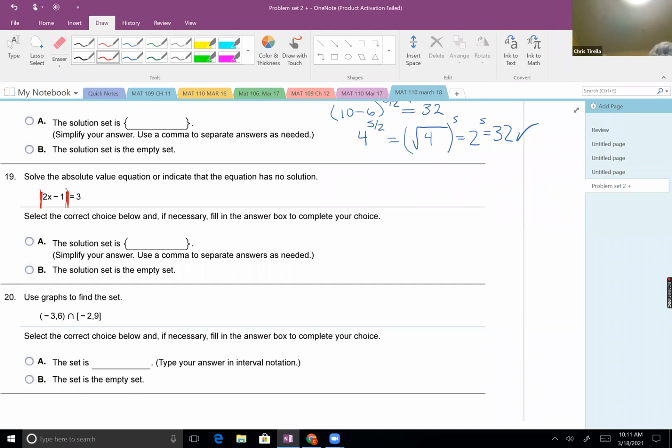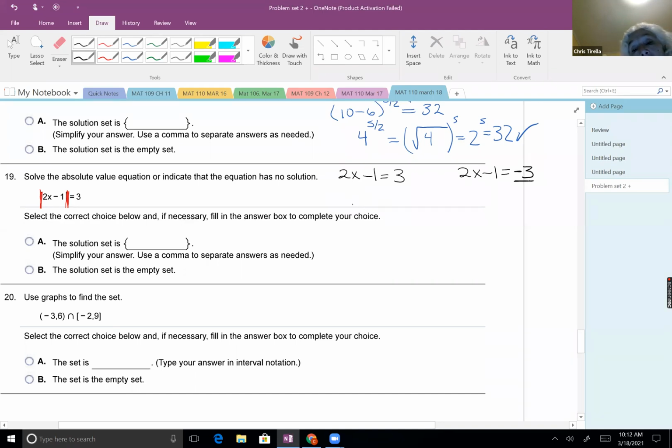Again, with absolute value, sometimes my sign stays the same, and sometimes my sign changes. And so I think, okay, for my one equation, I'm going to just lift those bars, and it stays the same. And for the other, I'm going to lift those bars and change the sign on the opposite side. Remember, we're going to change the sign on that opposite side.